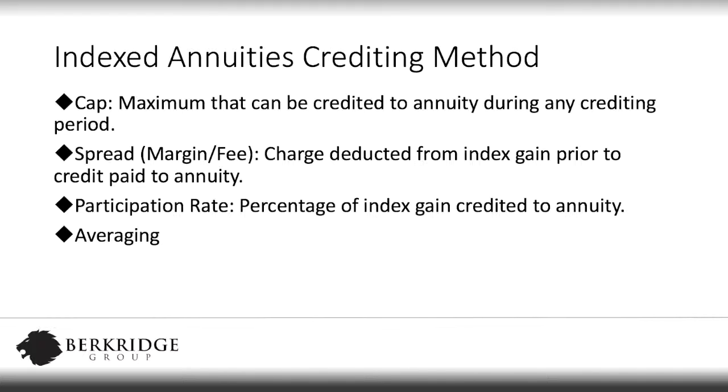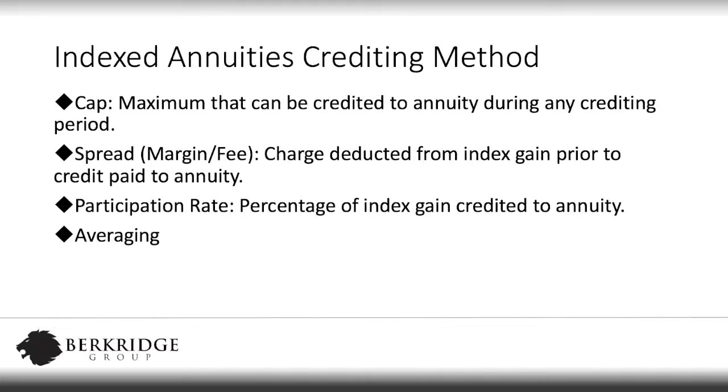Par rate, or participation rate, is the percent of index gain credited to the annuity. You may have a 50% par rate, a 100% par rate. We've seen as high as a 160% par rate. Mind you, when you have a higher par rate, you typically have a lower cap.